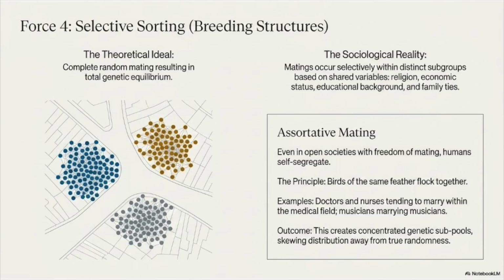Even in open societies with freedom of mating, humans tend to self segregate. The underlying principle is simple: birds of the same feather flock together. For example, doctors and nurses tend to marry within the medical field, and musicians often marry musicians. The outcome of this pattern is the creation of concentrated genetic subpools, skewing distribution away from true randomness.